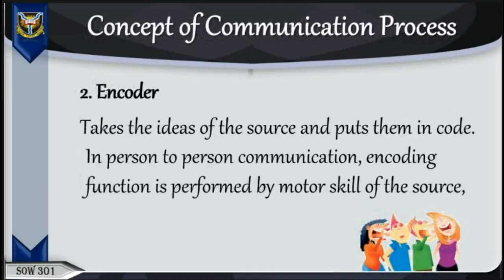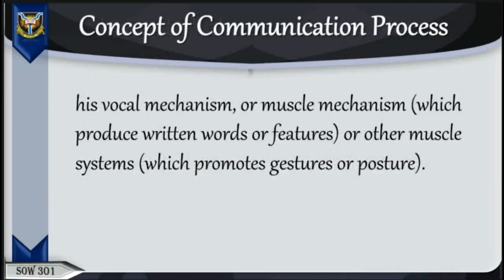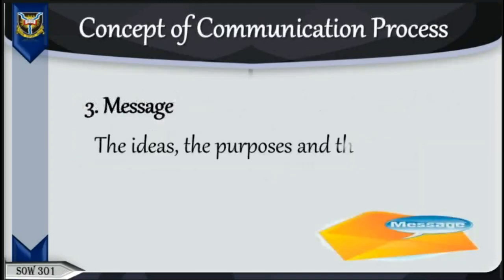In person-to-person communication, the encoding function is performed by the motor skills of the source: its vocal mechanism, the muscle mechanism which produces written words, or other muscle systems which produce gestures or posture. Message: the ideas, the purposes, and the intentions of the source.